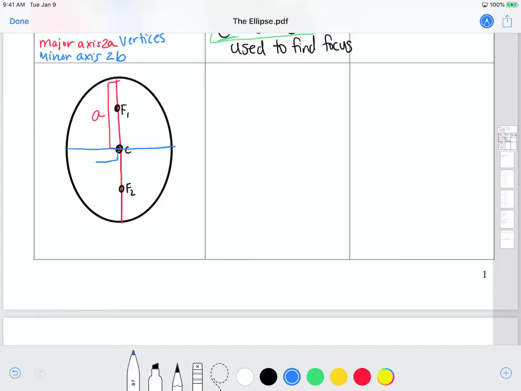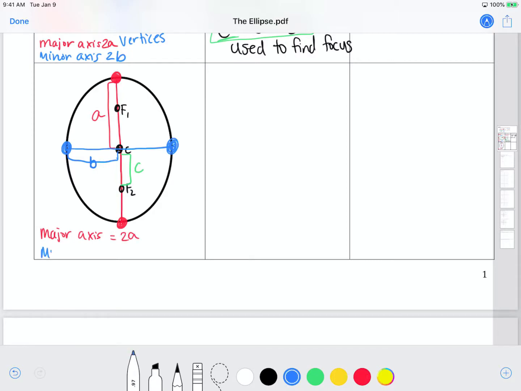So this distance from the center out will be a distance of B. And then, of course, from the center out to the focus point will be a distance of C. Then your major vertices will run vertically, and your minor vertices will run horizontally. So your major axis length will still be 2A. It's just running up and down now instead of side to side.